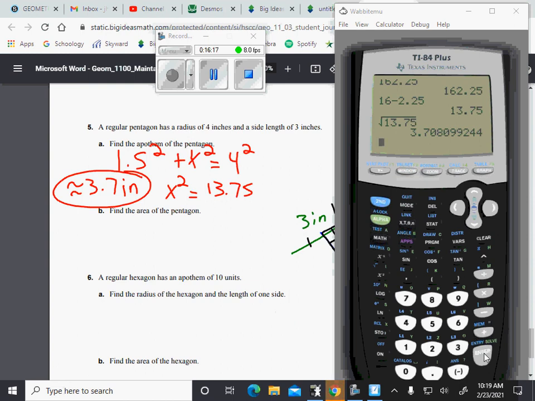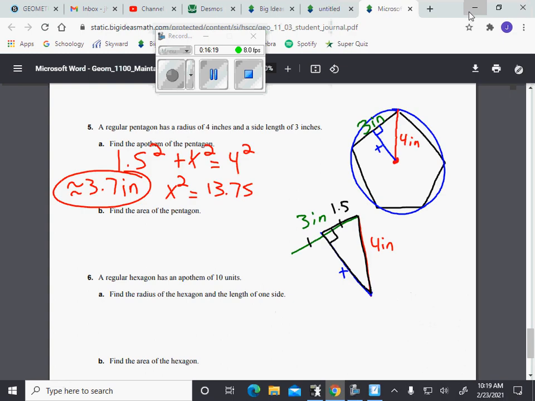Okay, now find the area. The area is 1/2 times the apothem, which is 3.7, times the perimeter. Well, if each side length is 3 inches, that means this is 3 inches, this is 3 inches. All right, there's 5 sides.